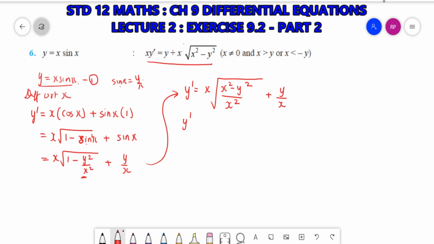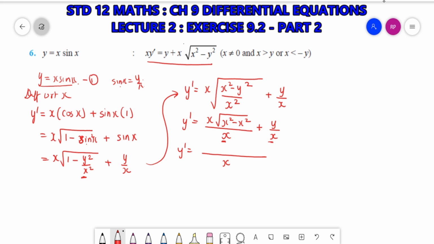So again y dash will be equal to x into root of x square minus y square upon x square and square root. So it will be equal to x plus y by x.